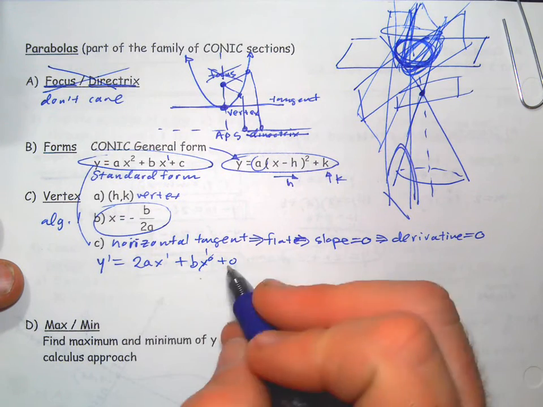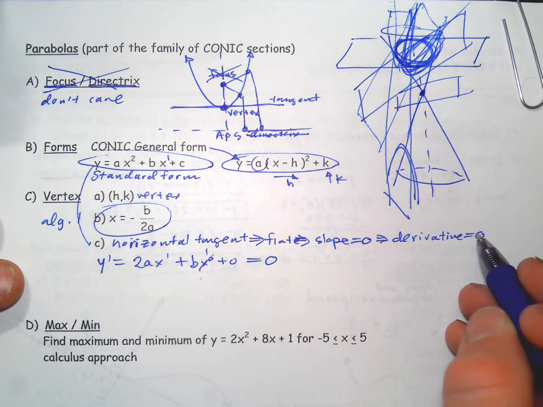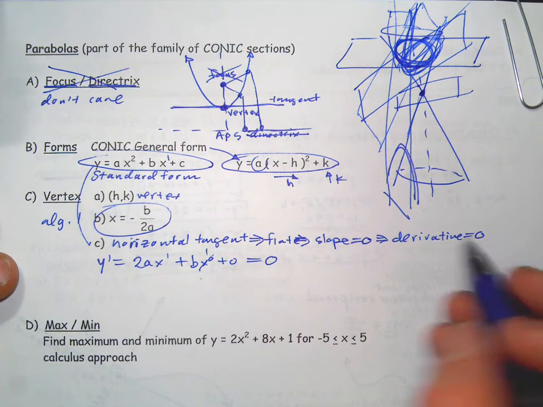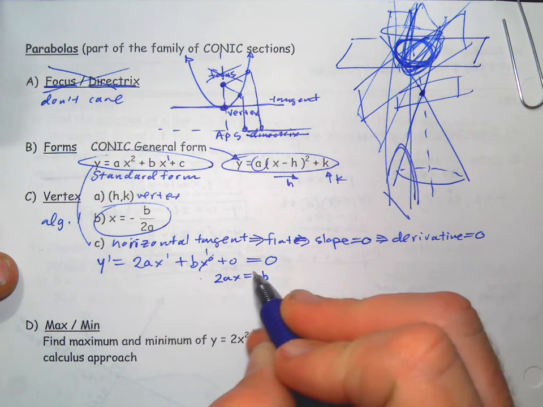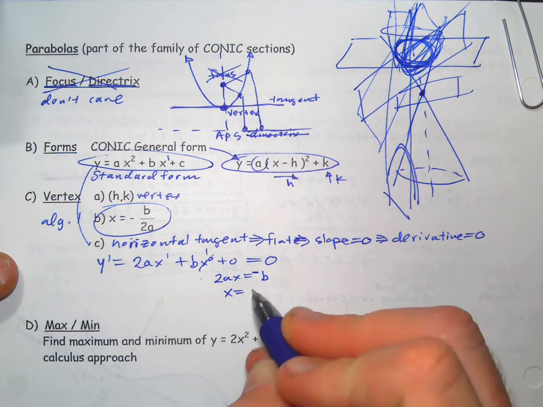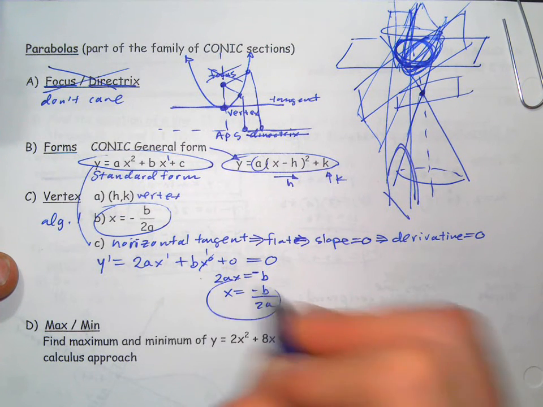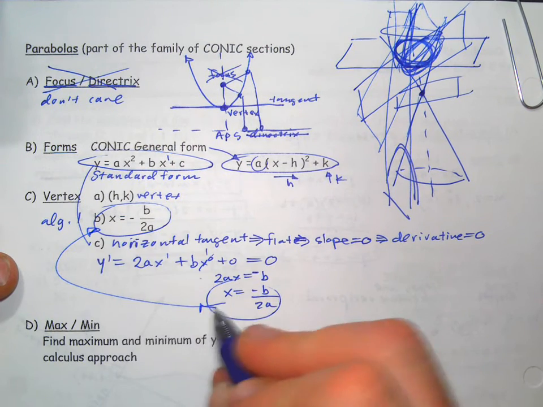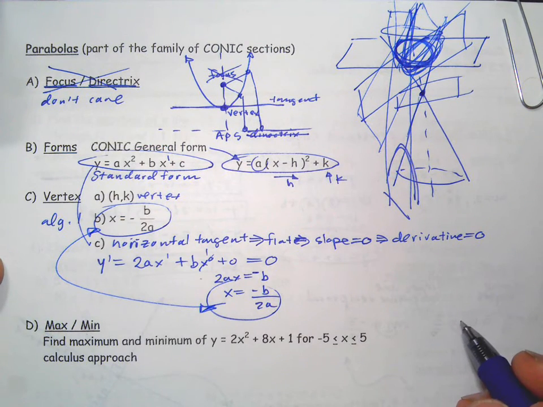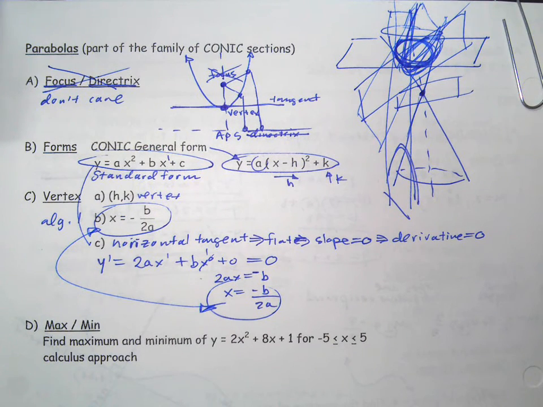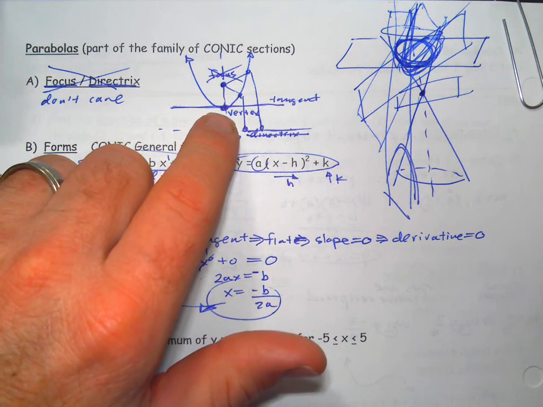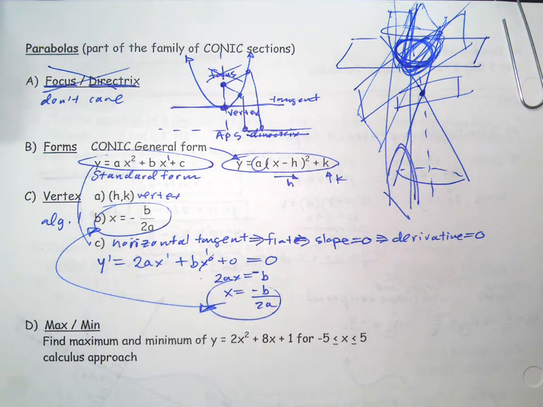So this is the derivative, and if we set it equal to 0, because we know the slope is supposed to be 0 at the vertex, we solve it: 2ax equals negative b, and then x equals negative b over 2a. Hey, what do you know? That formula from Algebra 1 comes from some calculus. This is the way to identify it, because we're going to encounter lots of other, more complicated curves that have lots of interesting bumps, valleys, and peaks like that.